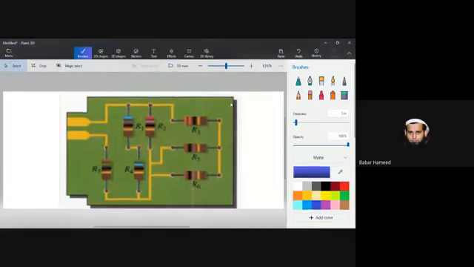Black will be much better. Current is here, going this way, and at this point current is splitting in two paths.